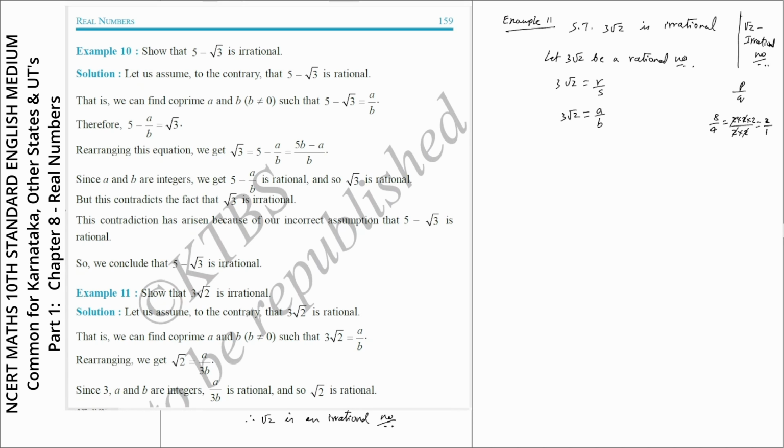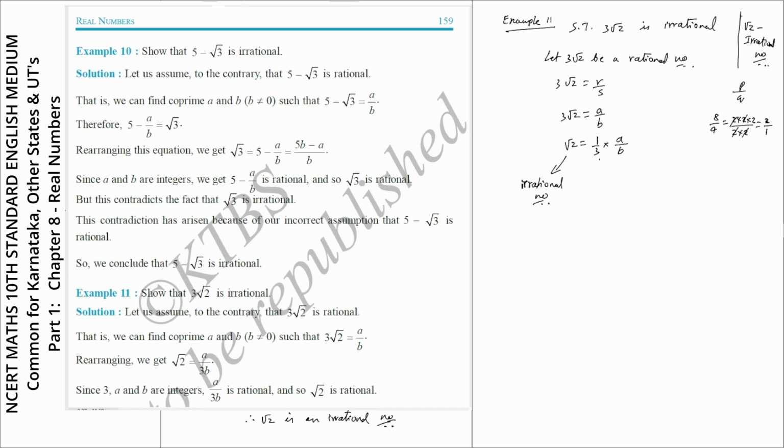Now I will bring this 3 to the right hand side. I will get root 2 is equal to 1 by 3 into a by b. Now you can see that root 2, we already know, is an irrational number, we already proved.